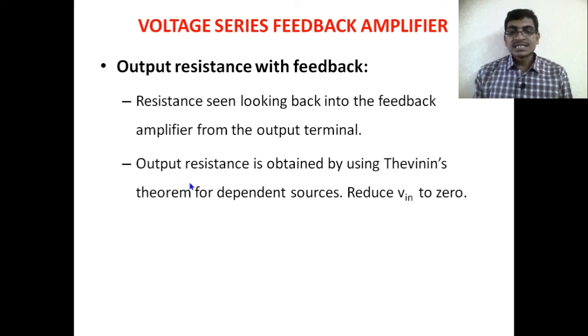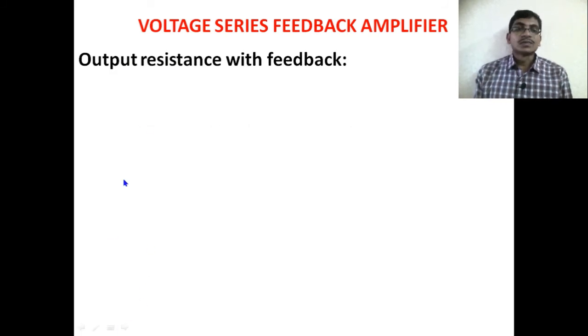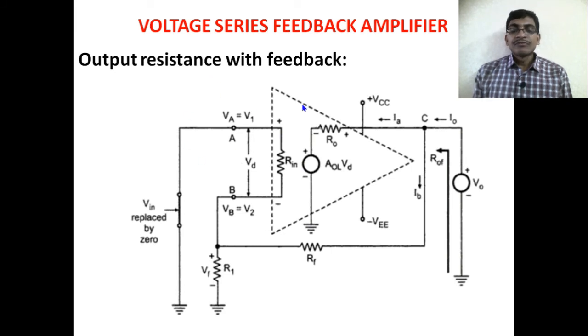The output resistance is obtained by using Thevenin's theorem for the dependent sources and reducing the input voltage to zero. Therefore, we have to get the equivalent circuit for the Thevenin's equivalent of dependent sources.